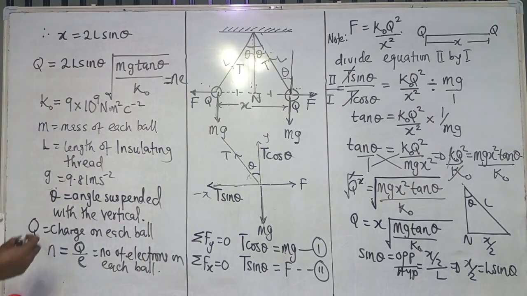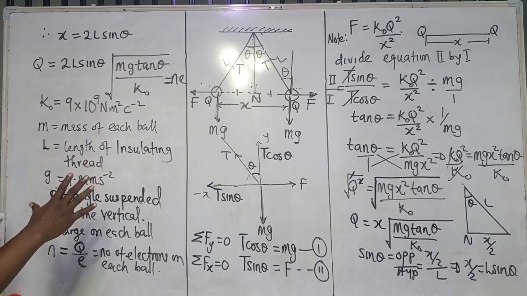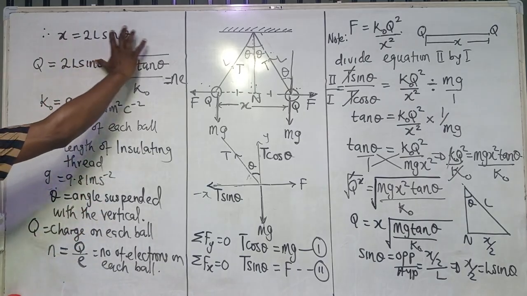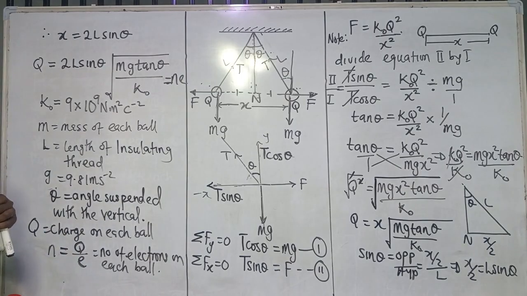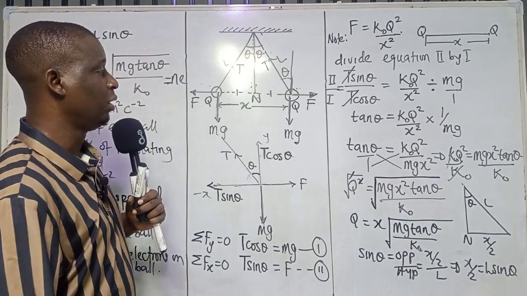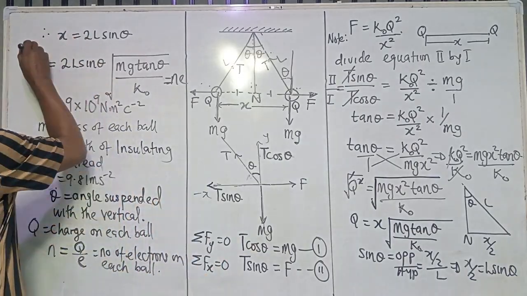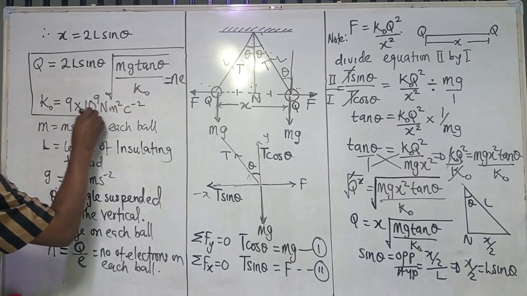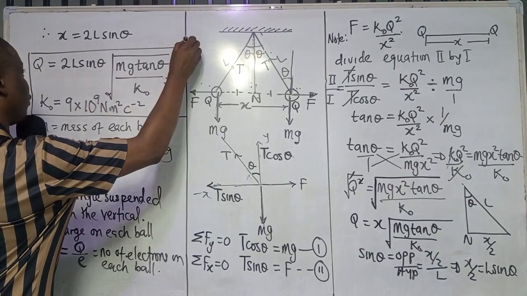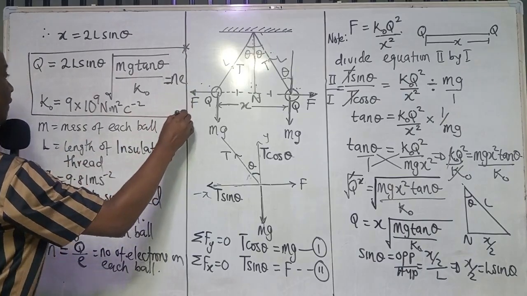Anything you want to find, just substitute everything here. After you have solved this, put it here and you get your number of electrons on each ball.